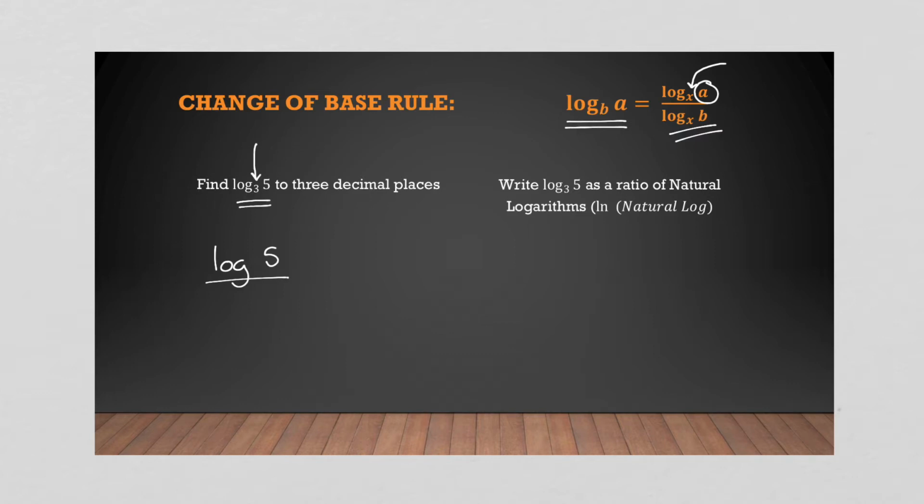So the base 3 now becomes the object of the log. And the reason why we would almost always do it that way is because a base 10 log we can plug into our calculator. So now you can actually go log of 5 divided by log of 3, and you get 1.465.